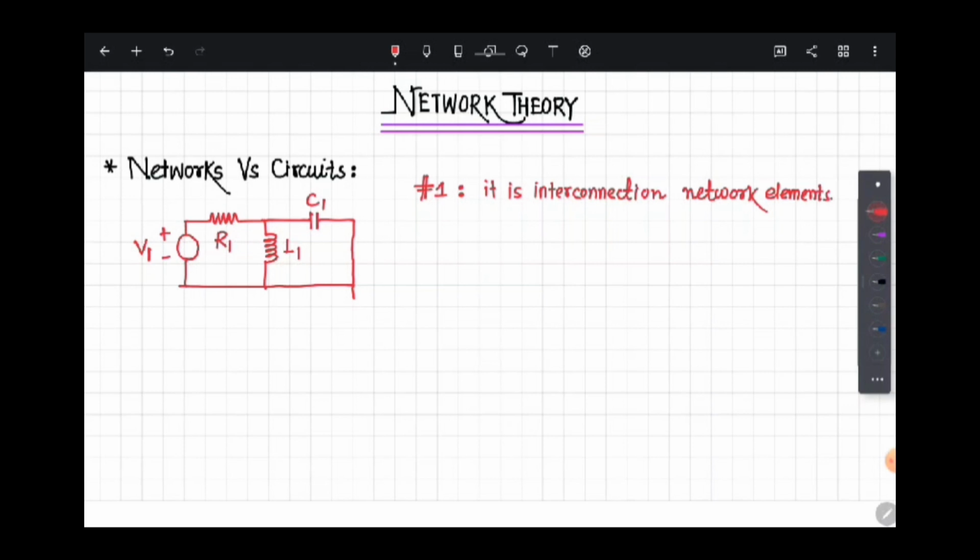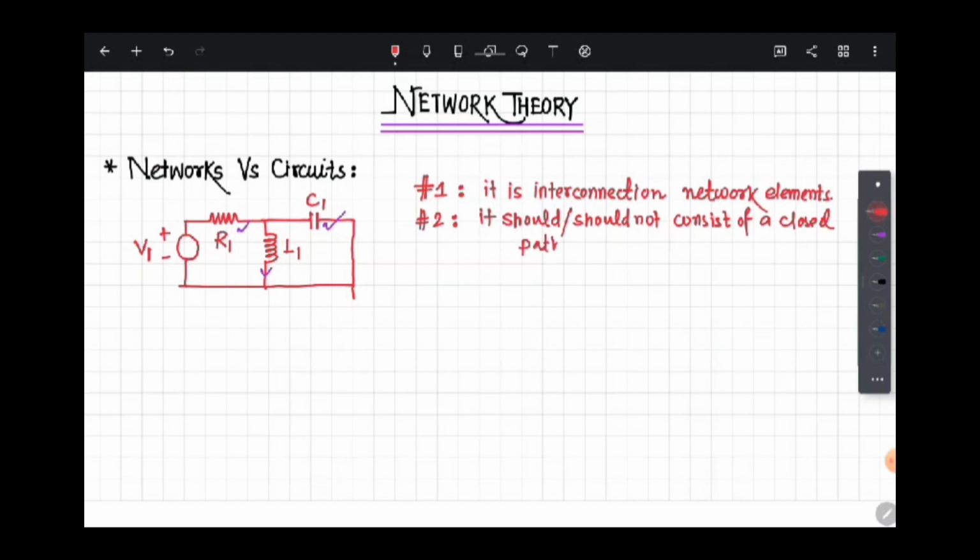So as in the circuit we see, we have different network elements, like we have a resistor, we have an inductor, we have a capacitor. So this is satisfied. Condition 2 describes that it may or may not consist of a closed path.